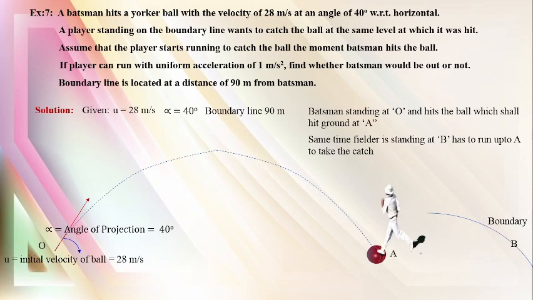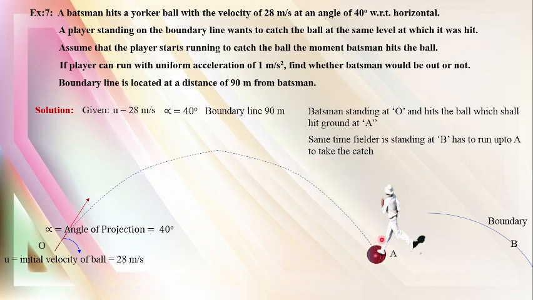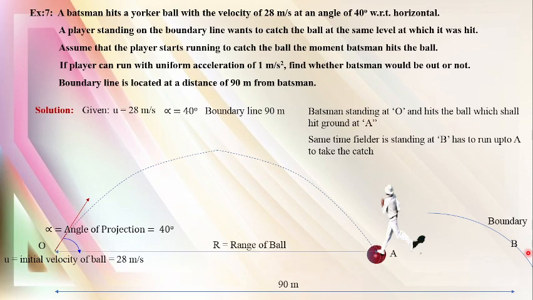So with the given set of data, we have to analyze whether the fielder is able to catch the ball at an appropriate time and make that batsman out. So let us have the analysis of this. As we know, the boundary is at a distance of 90 meter from the batsman.